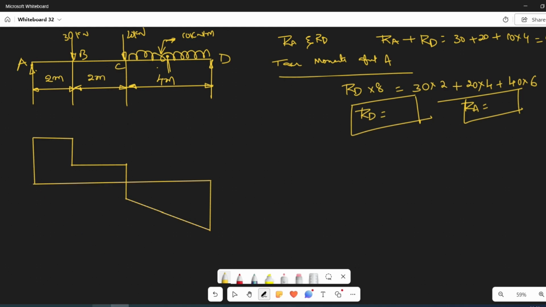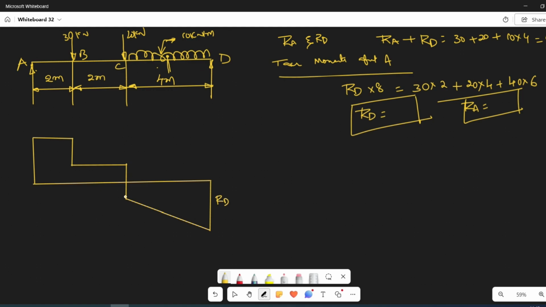Okay, now the shear force is done. We have to find the bending moment. Shear force can be identified at the dimension RD.